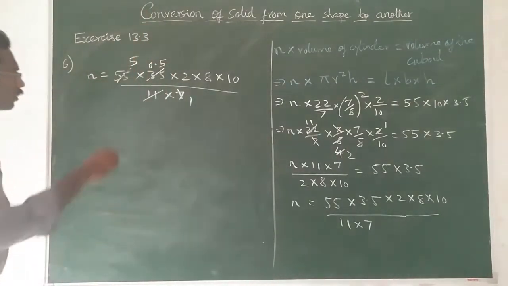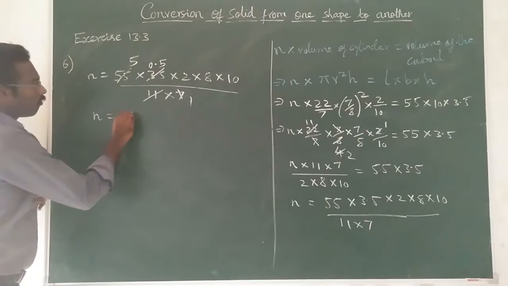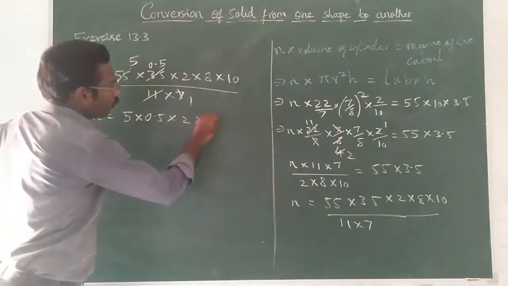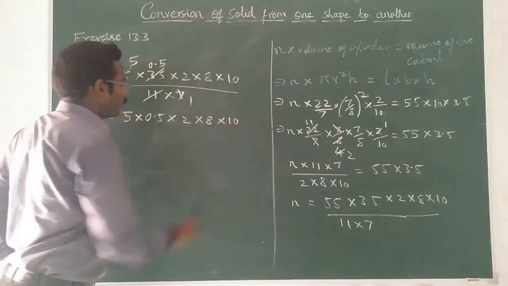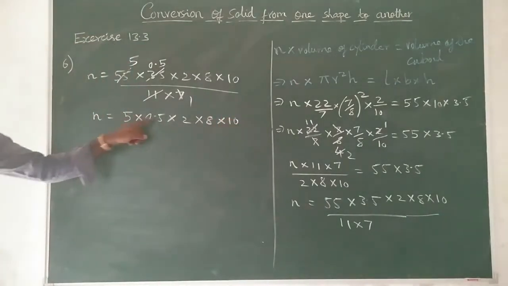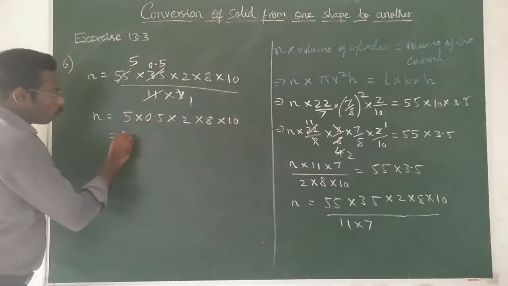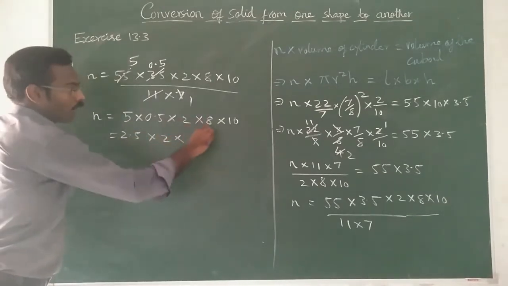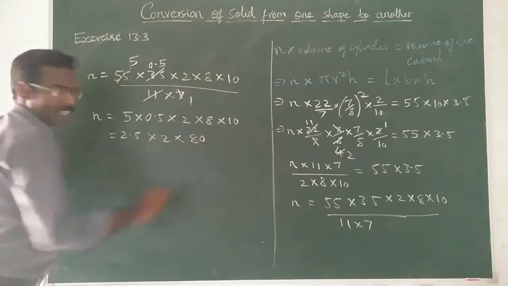So that's all. So you will get n is equal to 5 into 0.5 into 2 into 8 into 10. Okay. So 5 into 0.5 is 2.5. 2.5 into 2 into 8 into 10 is 80.